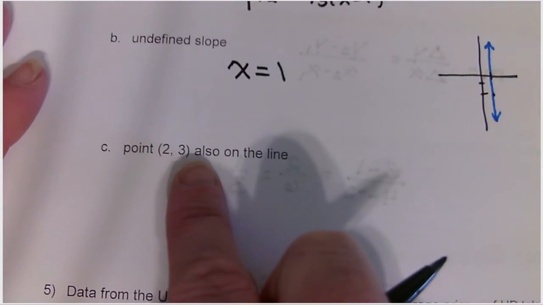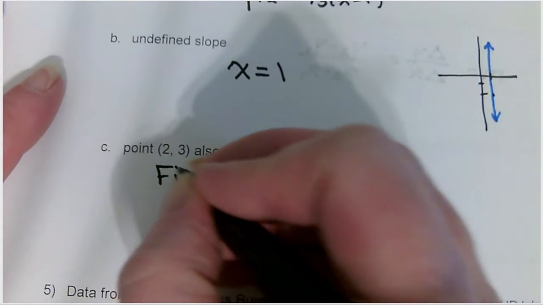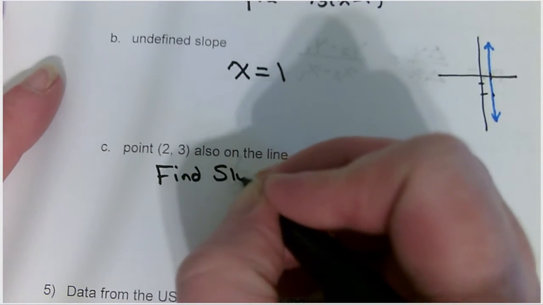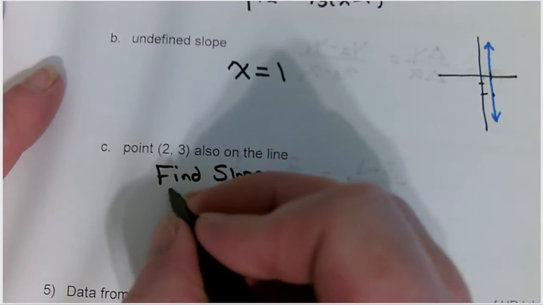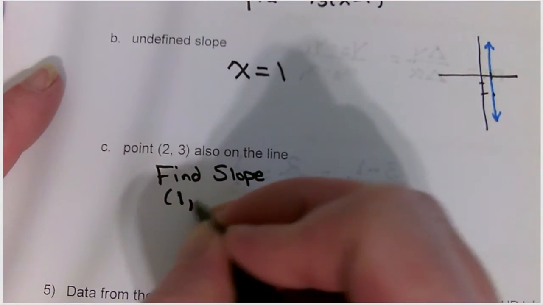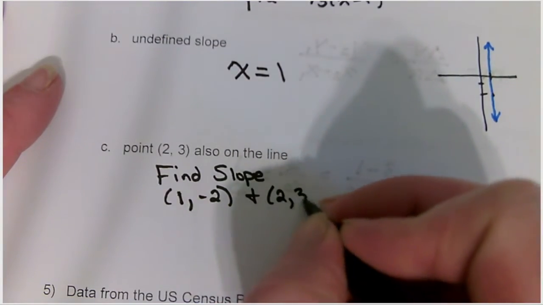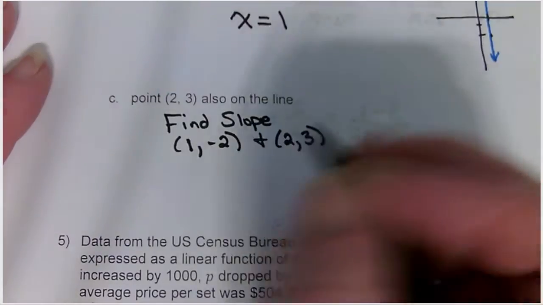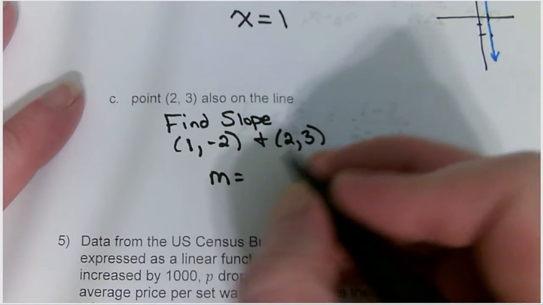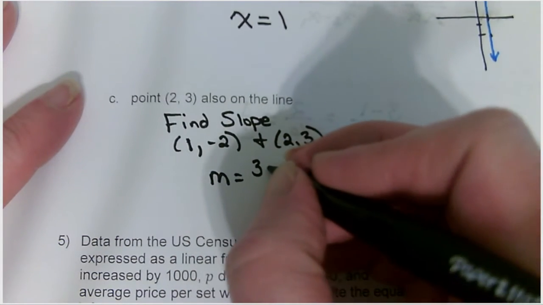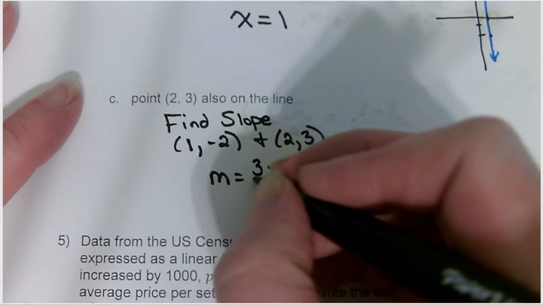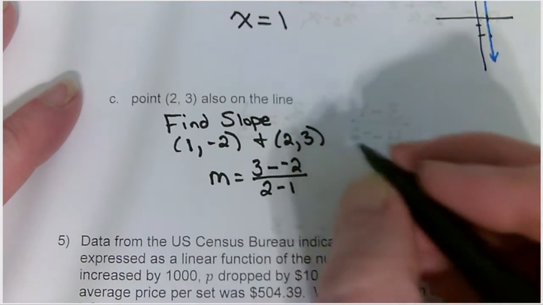Ooh, now we're given another point. So we need to find the slope. And we have the point (1, -2) given to us at the beginning, and (2, 3). So slope would be y minus y over x minus x.